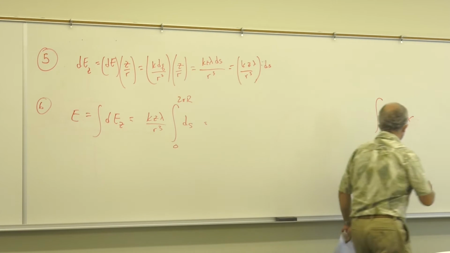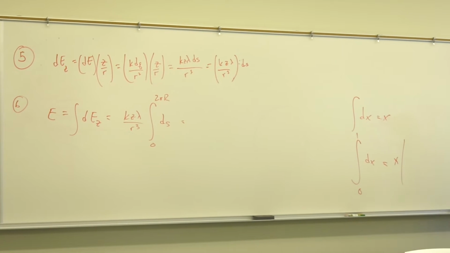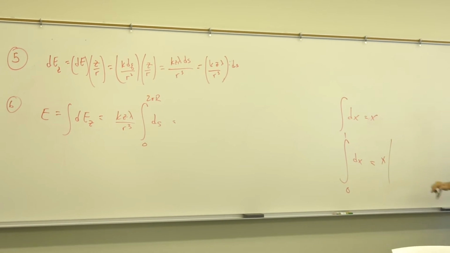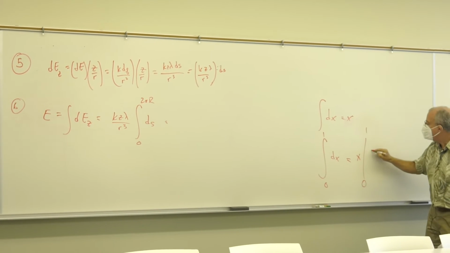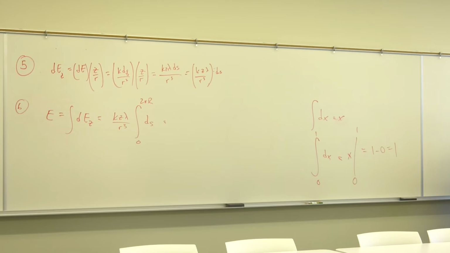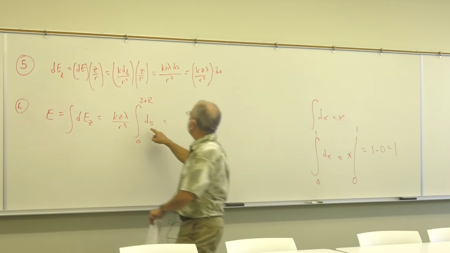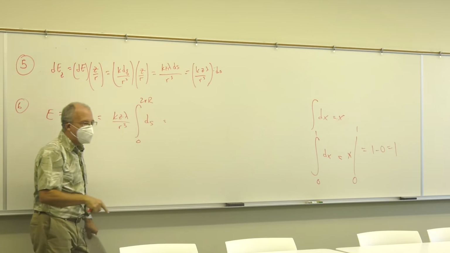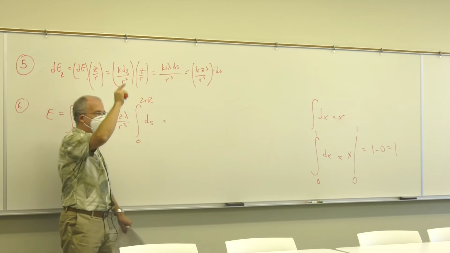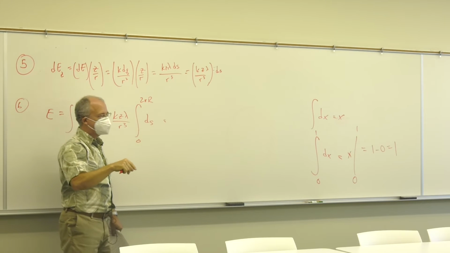Because the integral of dx is x, but then I go from 0 to 1, so that's 1 minus 0, which is 1, right? Okay, so what's the integral of ds? It's s, and s goes from 0 to 2 pi r, so what is it?